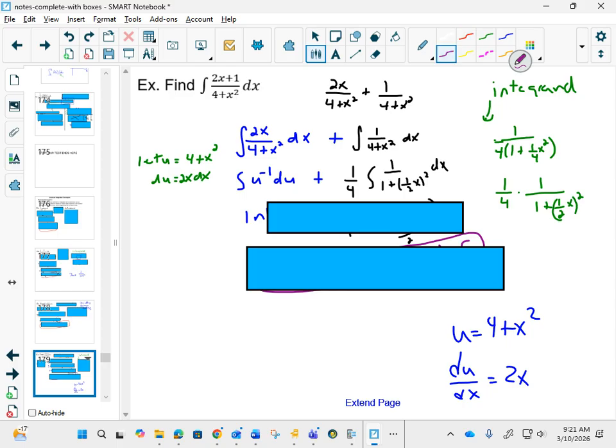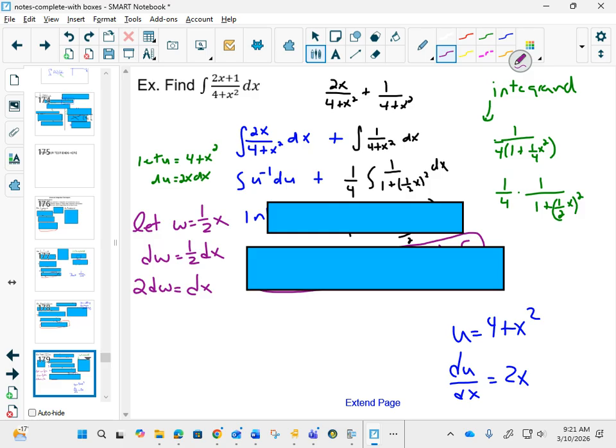And if you used u substitution here and you want to do another substitution over on that one, you're going to have to introduce maybe w. Right?